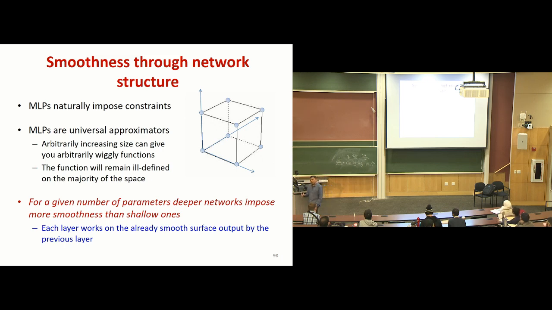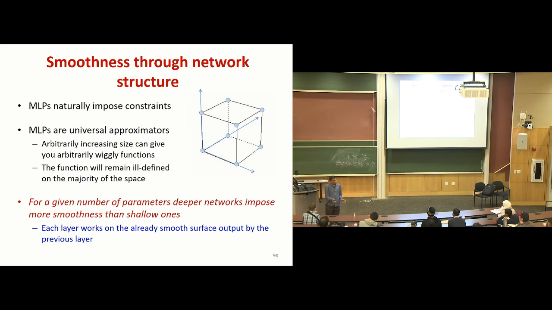But even for a given number of parameters, deeper networks will give you much smoother functions than shallow but wide networks. And that's because every layer of the network restricts the kind of functions that can be represented.